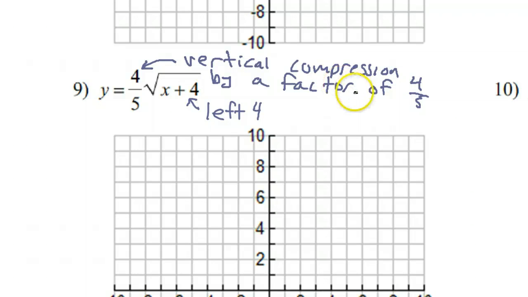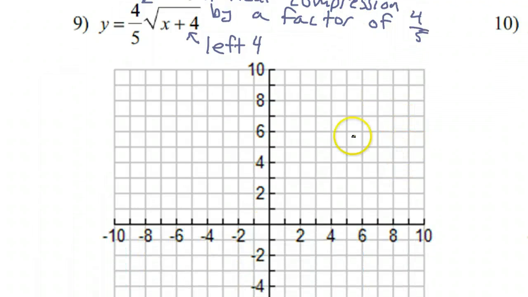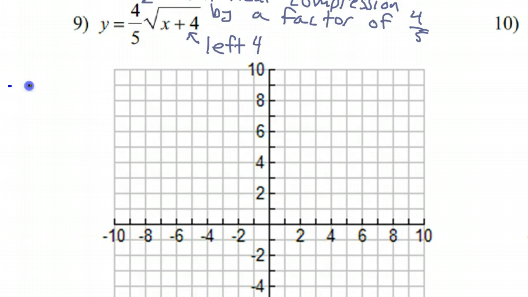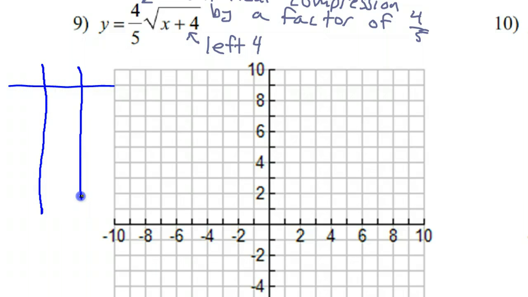Okay, vertical compression by a factor of 4/5. So, because we have the A value, let's go ahead and make a new table. We'll have our X and our parent function, and then we will apply the A value of 4/5.